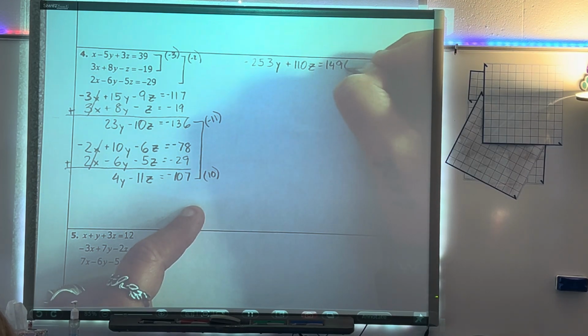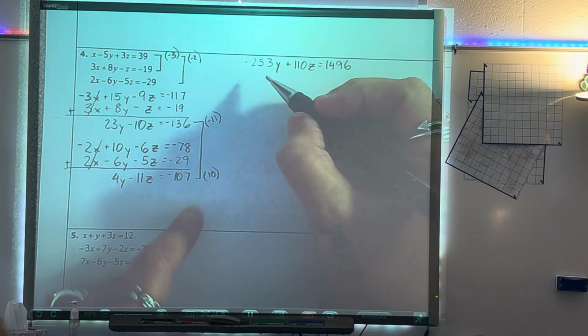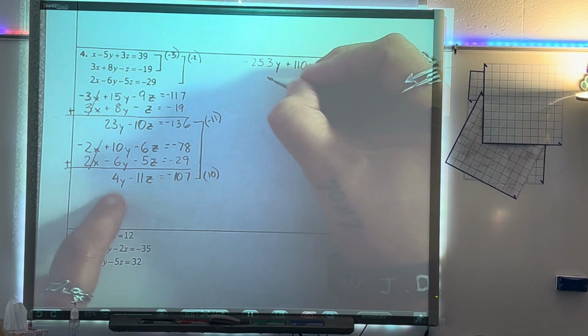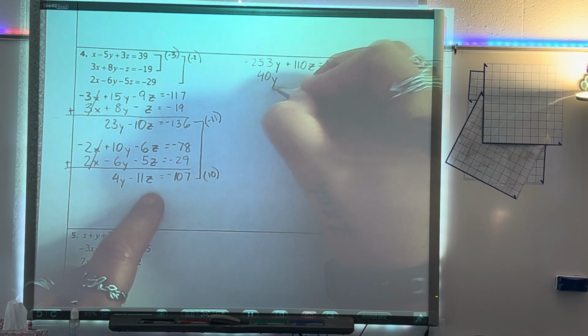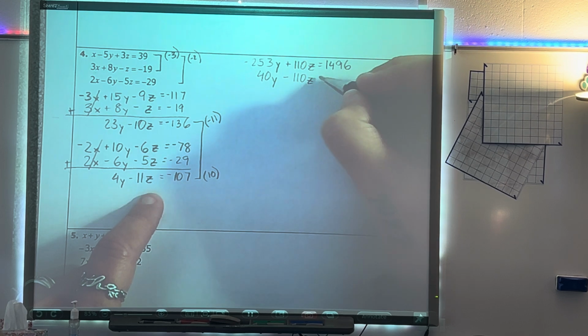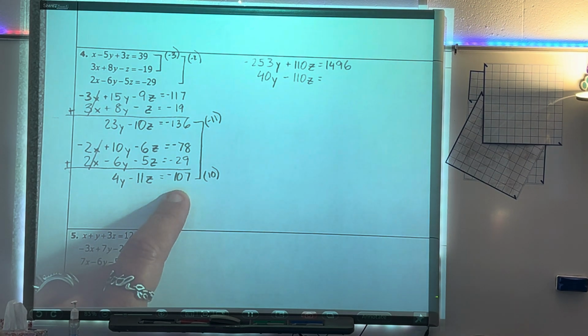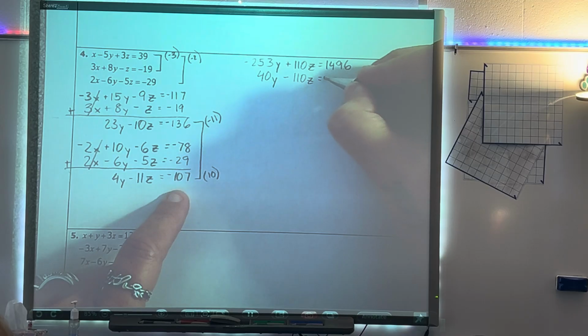Is that what y'all got? Yeah? Okay. Then down here, 4 times 10, that's gonna give me 40Y. I've got a negative 110Z here, and okay, great, negative 1070.